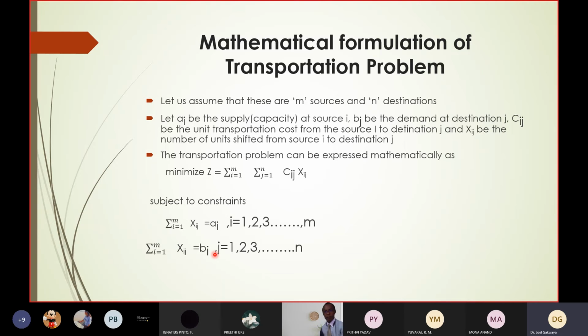So we want to minimize what? We want to minimize the cost from the source to a destination. How do we do it? We take the summation.